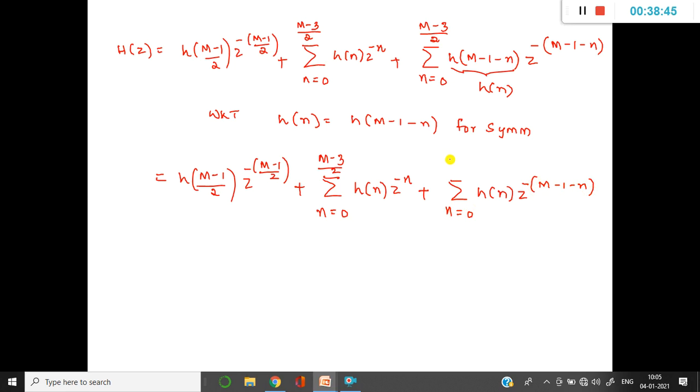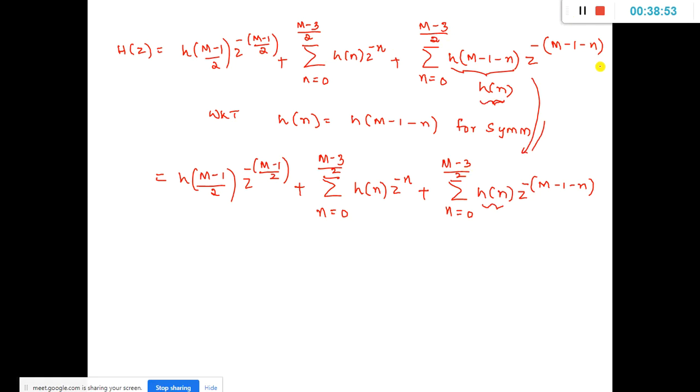Now the first term is as it is, the second term is also as it is, no change. In the third term, h of m minus 1 minus n is replaced by h of n because of the symmetric property. We assume that this is the symmetric property.